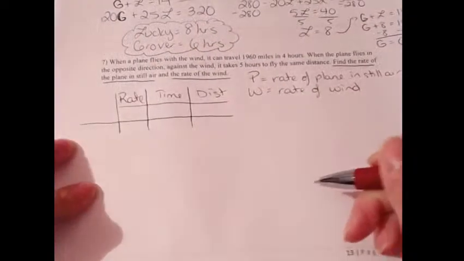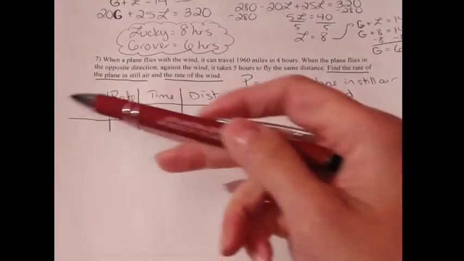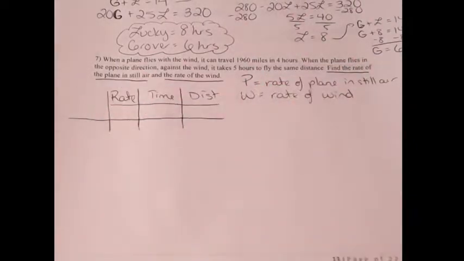Okay, here's the part that trips people up. What in the heck do we write here and here? It's not like it's Grover and Lucky. It's not like it's Nicholas swimming and running. But when you think about this, what's actually happening is the plane is flying with the wind, and then the plane is flying against the wind, right? These are the two scenarios that we're referring to.